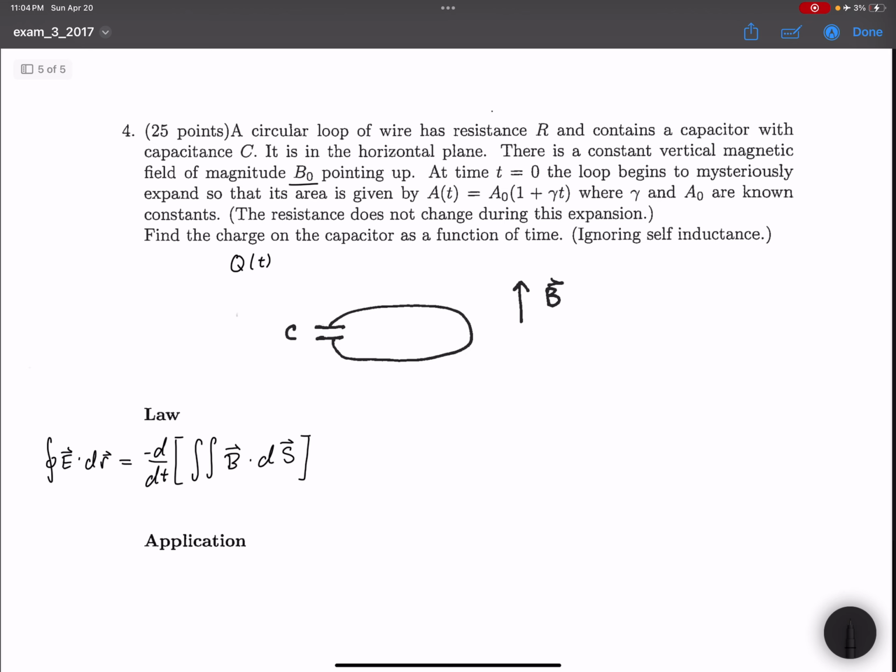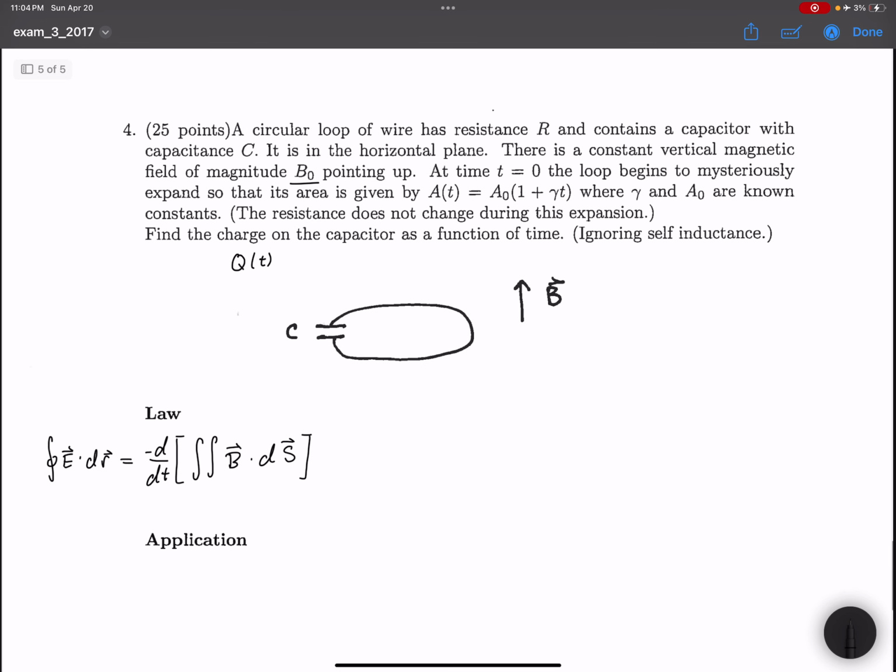Okay, we're told that the loop is lying in the horizontal plane. So it's lying flat, so if it's lying flat, then that means x is to the right, positive x.